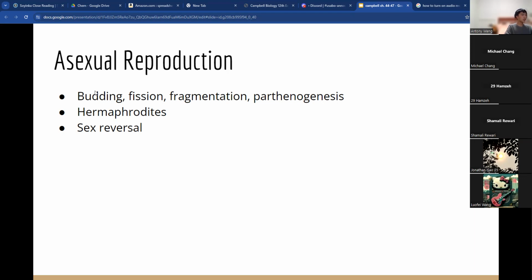Yeah. Sex reversal. So I think there's a specific type of reef fish, some kind of parrotfish, where if you have a group of females, the largest female will transform into a male.